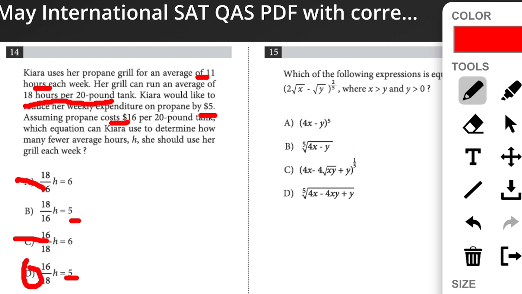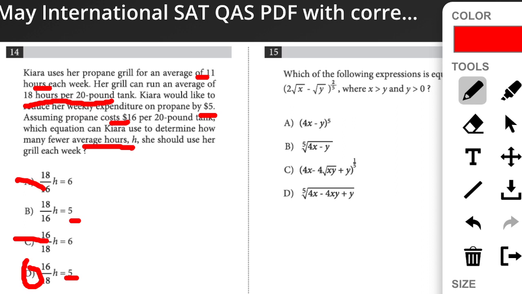Because you have cost, and then h is fewer average hours. So h is hours and 18 is hours, so they're both going to cancel out, hours over hours. If you put the 18 on top, it's going to become hours squared or something. No. So you need your cost on the top and your hours on the bottom.